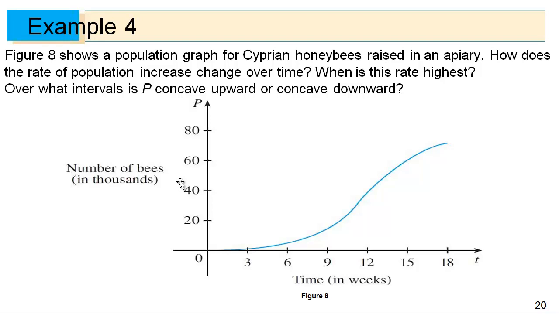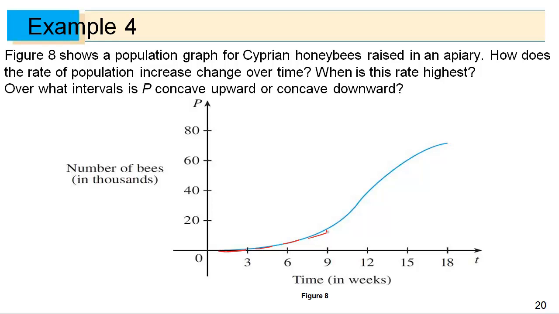If we took the derivative of this function, that would be the rate of change. And we could graph that, and then we could look at its tangent lines, and that would be the second derivative, right? But we can kind of get all of that just from looking at the original graph, because we can see very clearly that we would have a horizontal tangent line, so a slope of 0, and then it starts to get steeper.